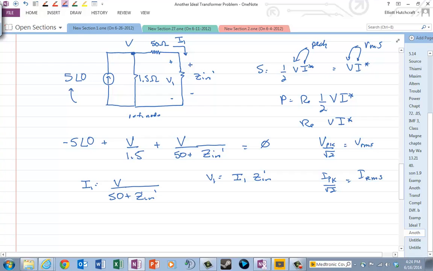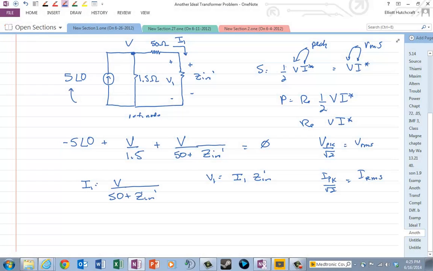So if you multiply V RMS times I RMS, you can see that you could also multiply V peak and I peak and divide by 2, and you get the same result. So that's why you need these 1/2s in there when you're having the peak power, so that the powers will relate between the two.